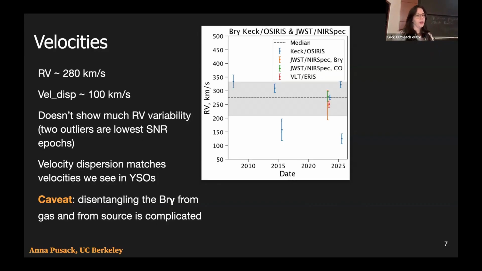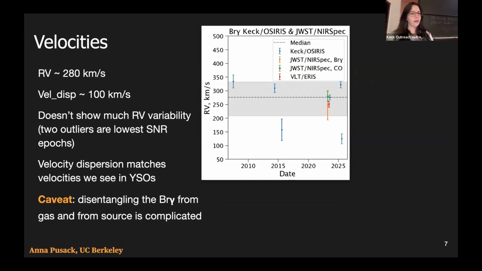However, those two data points are probably the hardest to disentangle from the gas, so I would take those with a grain of salt. And then there isn't much RV variability if you don't believe those.